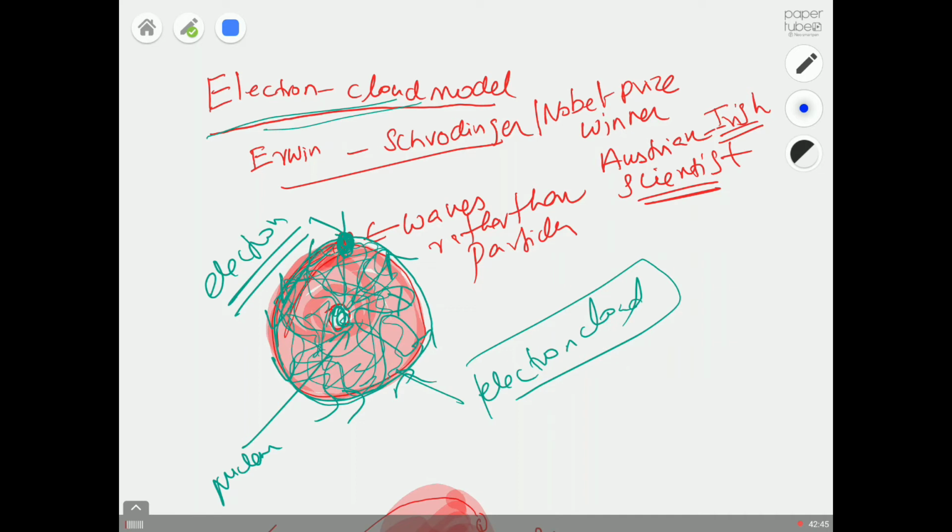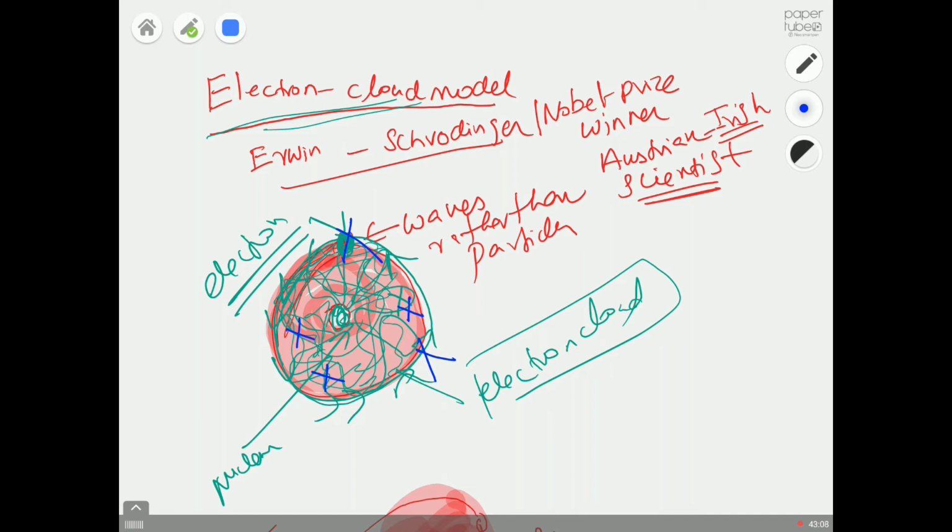At one instant we can find the electron here, at another instant here, another instant here, and another here. That's what the cloud is about. There's a higher probability that we can find the electron at any one of those locations within the cloud. That's how it works.